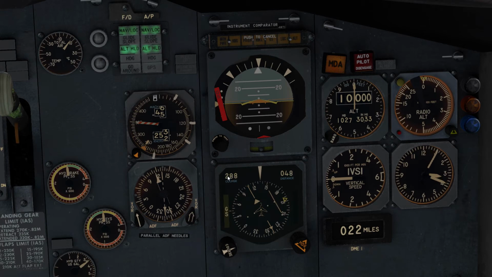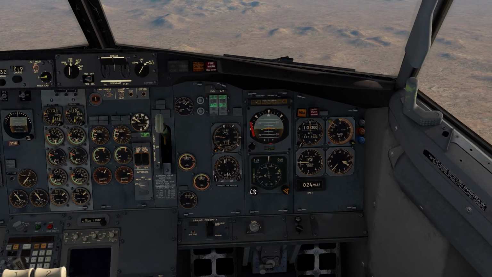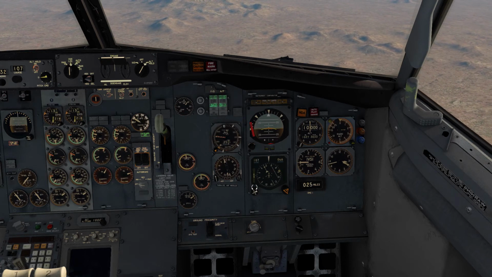I can't go +2 and subtract 2 because I can't have a course of 468. There's only 360 degrees in a circle, right? You can't have 468 degrees unless you're Chuck Norris. So you know you're going to have to subtract 2. If I subtract 2, that's going to be 0. Now I add 2. 8 plus 2 is 10, so we carry the 1. So now we have 108, which is exactly what that shows. So we know we need to track course 108 inbound.